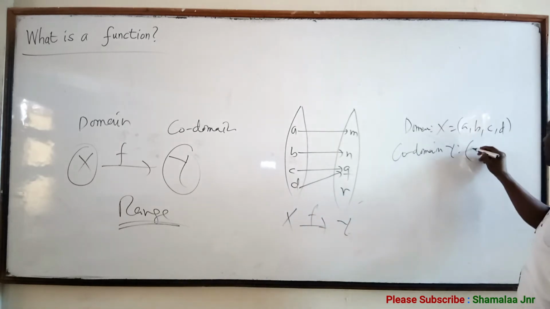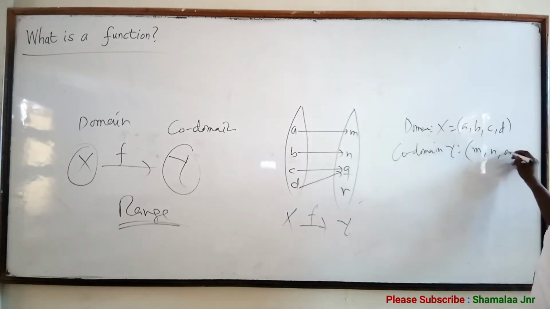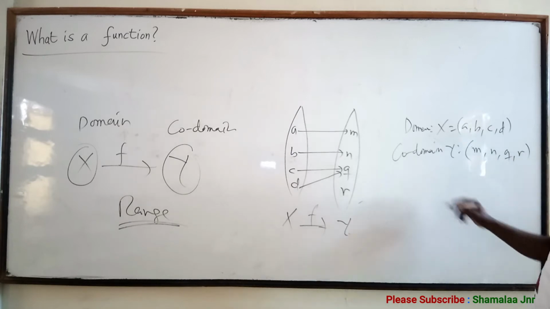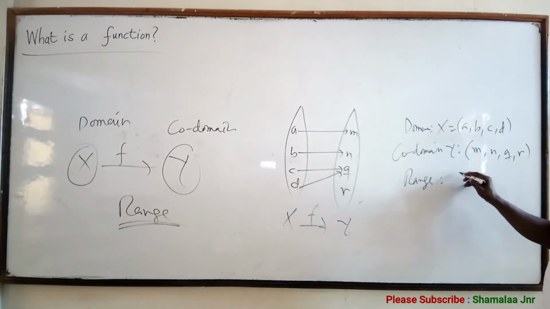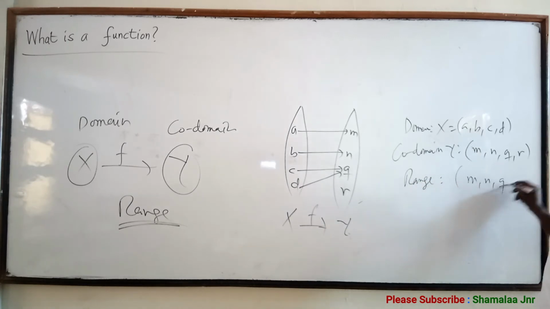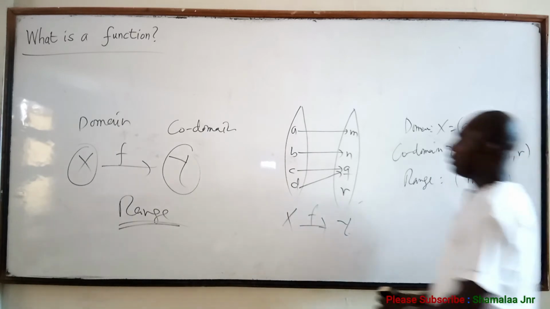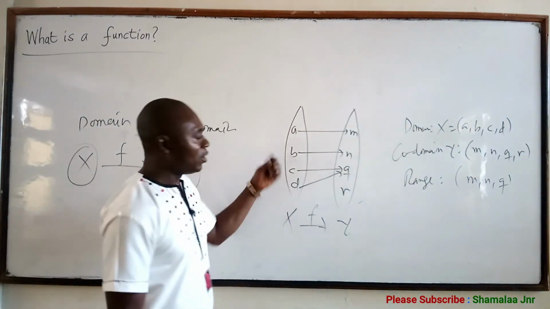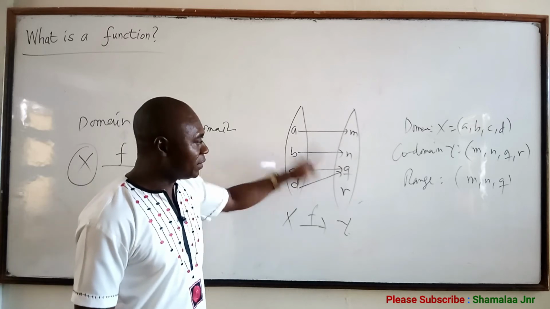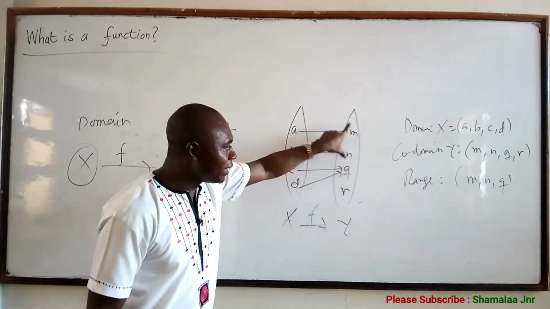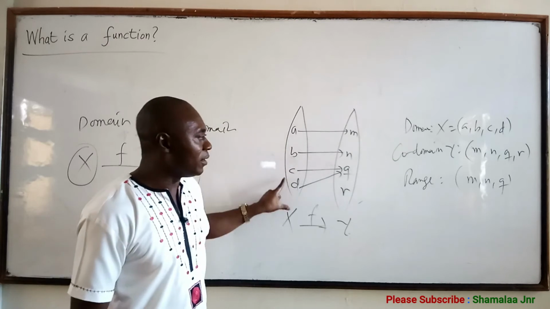The codomain is M, N, Q, R. Now the range will be M, N, Q. The set of all possible images of the elements or members of the domain. So M and Q are the images of the elements here.